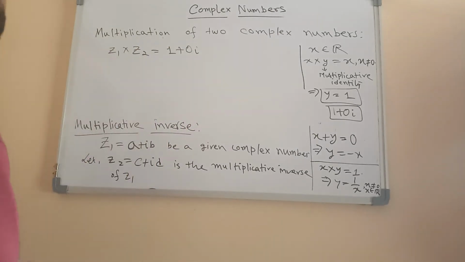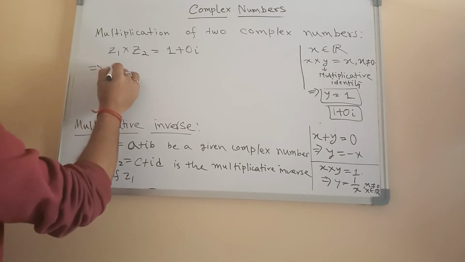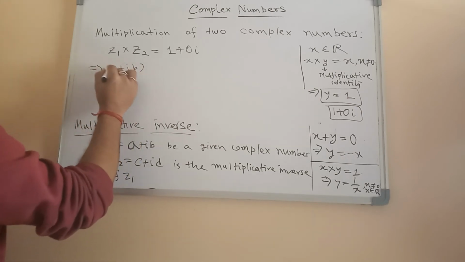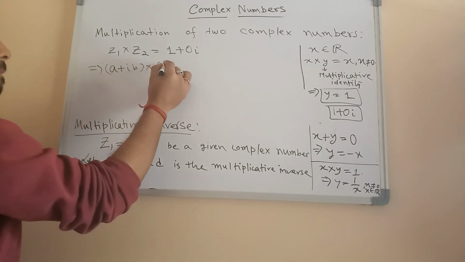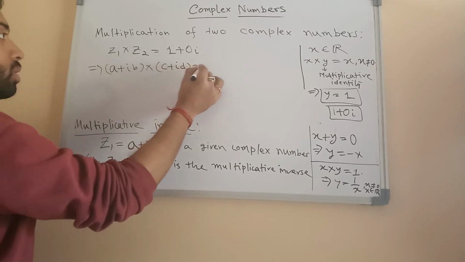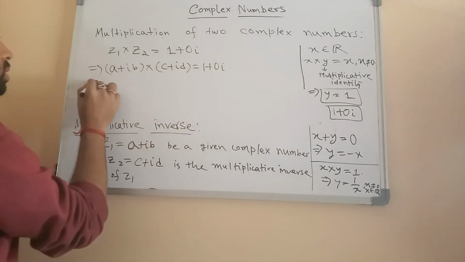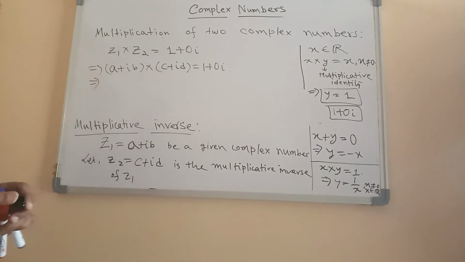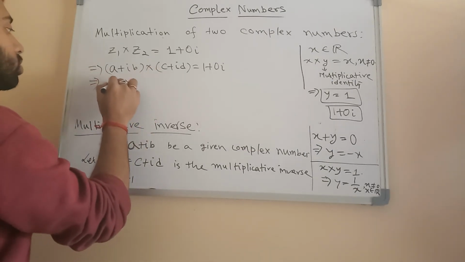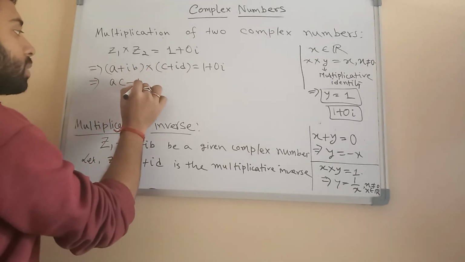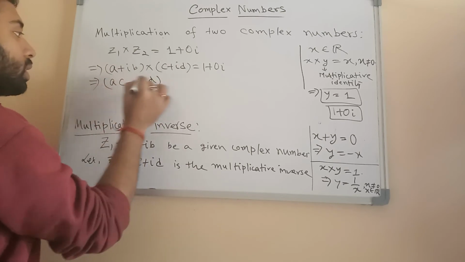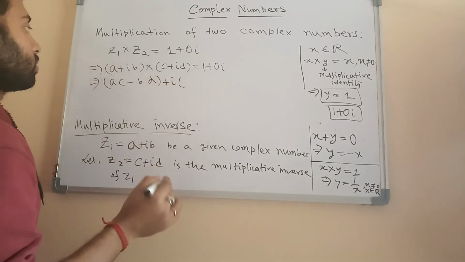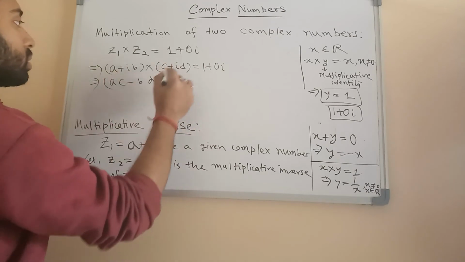So that means a plus ib into c plus id will be 1 plus 0i. So we can easily multiply these two complex numbers. So it becomes AC minus BD. You can check from the form of the multiplication of two complex numbers.